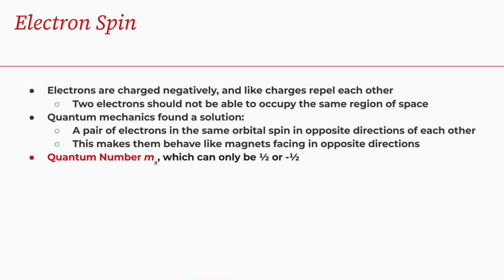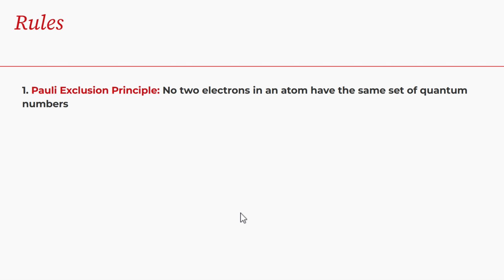This also is its own quantum number. We learned about the primary quantum number n, but this is the quantum number m with subscript s, which can only be 1/2 or -1/2. And that just describes for a specific electron what spin it has, either 1/2 or -1/2.